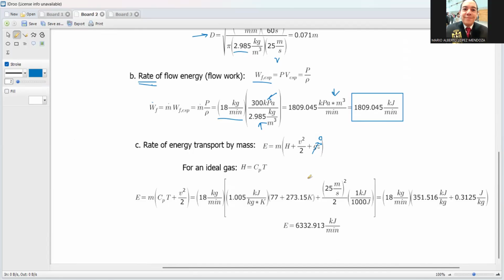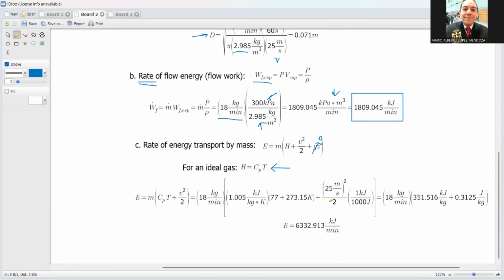Maybe, or I'm sure that in your previous thermodynamics course you have discussed this equation. This is the equation for the enthalpy of an ideal gas depending on the heat capacities and temperature. In this case, we have stated that heat capacity is constant.